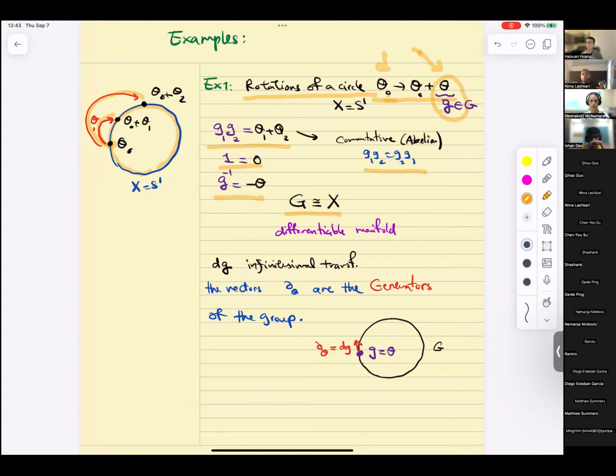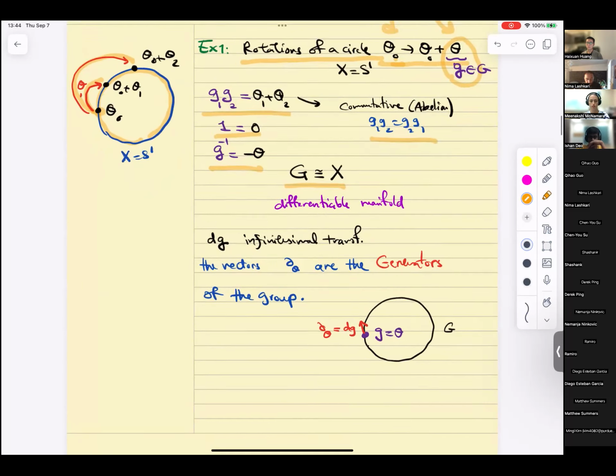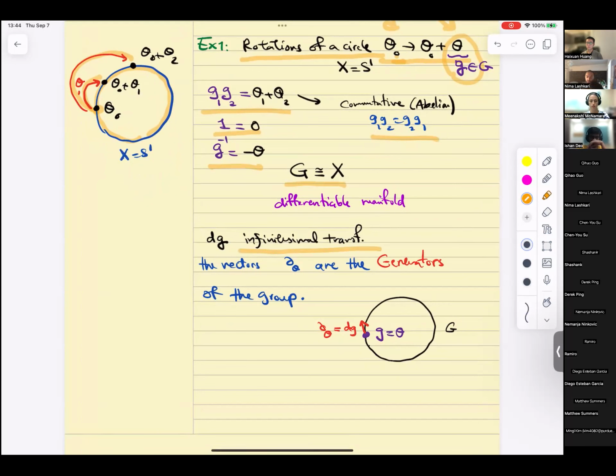So it's differentiable, and it makes sense to talk about differentiable transformations. Now, an infinitesimal transformation is the rotation vector. It's the tangent at any point, del theta. It's a tangent vector. And the generators of the group are these infinitesimal transformations, the vectors that generate infinitesimal transformations, this del theta here, right?